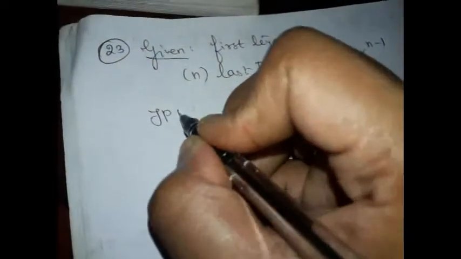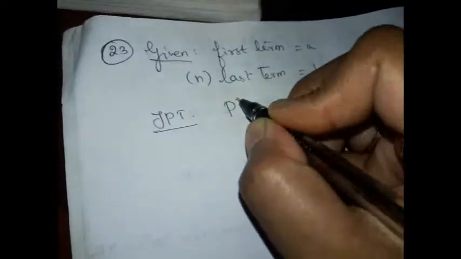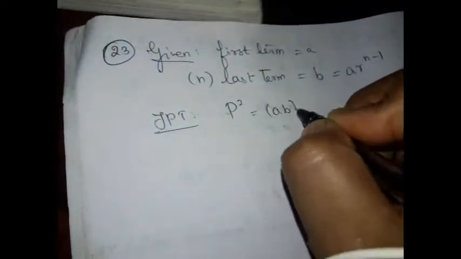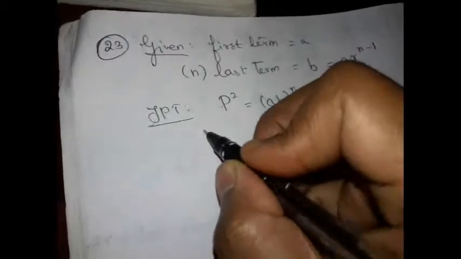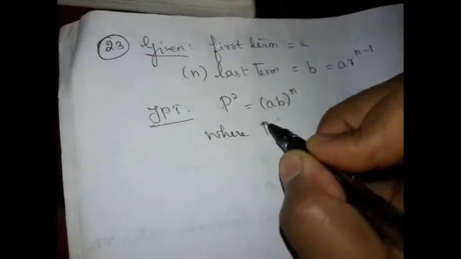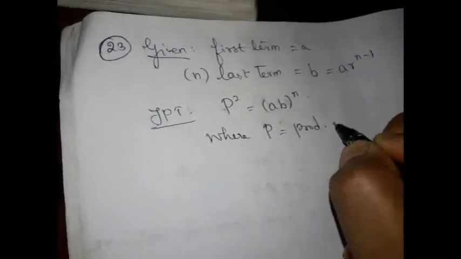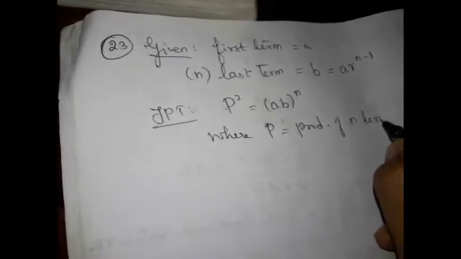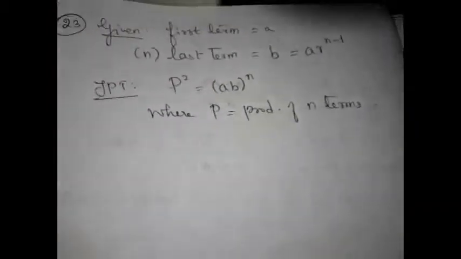So your nth term is going to be AR power n minus 1, right? That is your nth term. What we need to prove is that P square is equal to (AB) the whole power n, where P is the product of n terms of a GP, right?